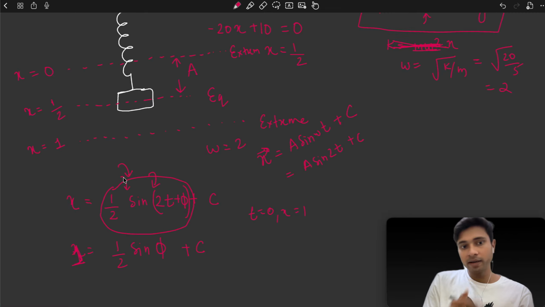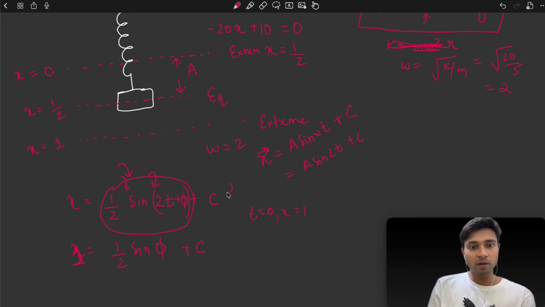And at that point c should be 1 by 2, then only it will cancel. The minimum value of x will be 0. This 0 is only possible when the value of sine is minimum, that is, when sine is minus 1. So minus 1 by 2 plus something should be 0. So something should be 1 by 2.